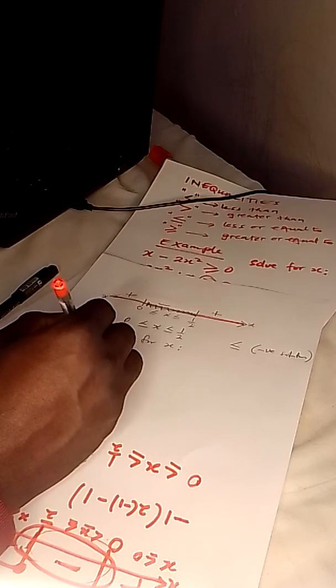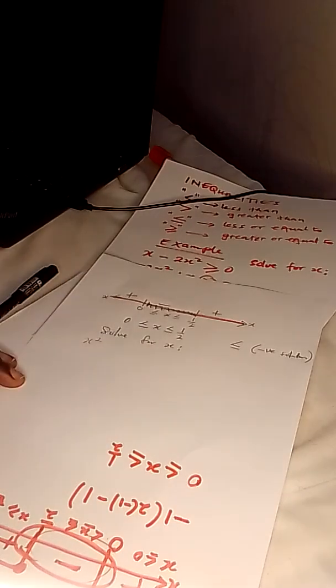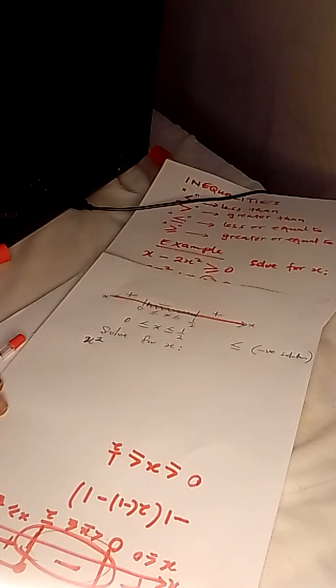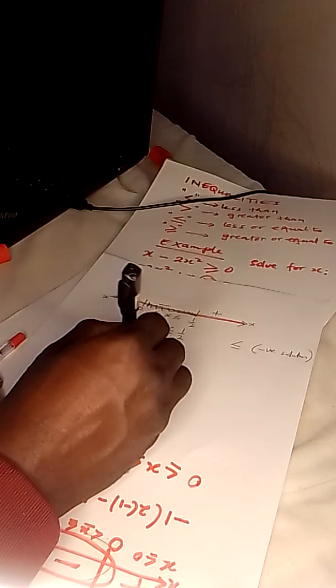They are giving x squared minus 3x minus 18 is greater than 0. Question number 2 that we are solving for. X squared minus 3x minus 18 is greater than 0, and then they ask us to solve for this question.